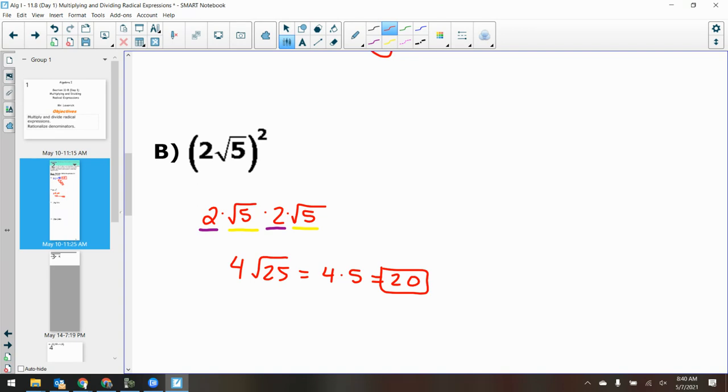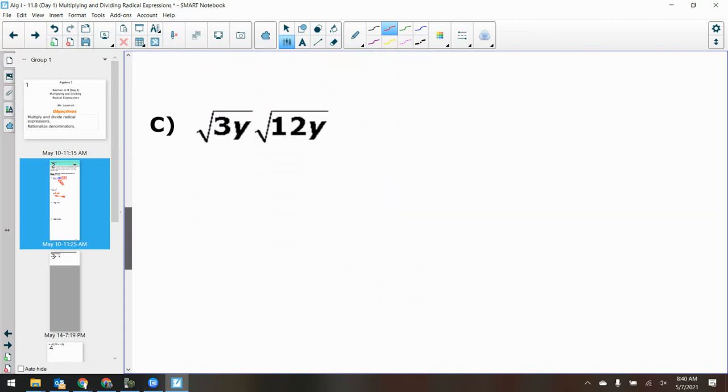Questions about that? Let's do the same thing for the next one. So do you see the 2 radicands? Because I'm multiplying, I'm just going to multiply those 2 numbers together. And what is 3 times 12? 36. And then what is y times y? Y to the second, or y squared.